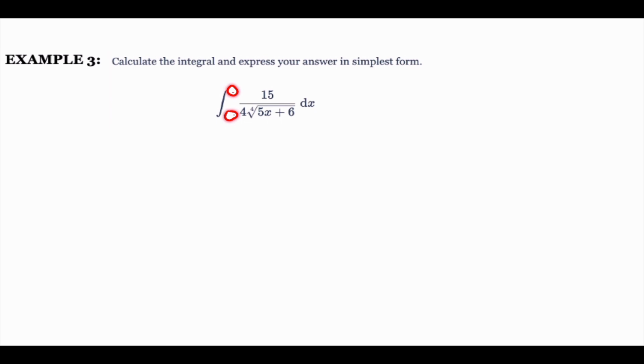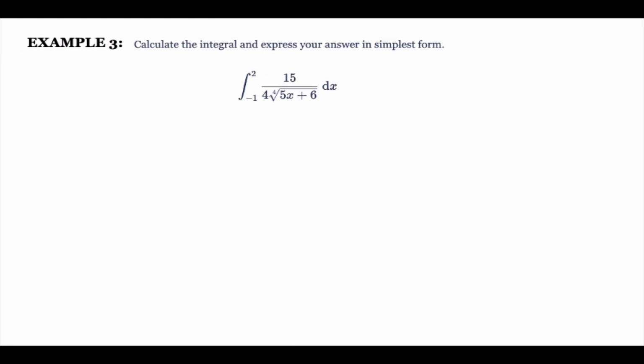So do that. I want you to do U-substitution, just like we did last week, just like we did on our notes and in the assignment. Get that far, and then we'll do the evaluation part together.